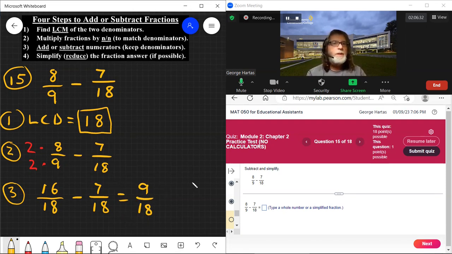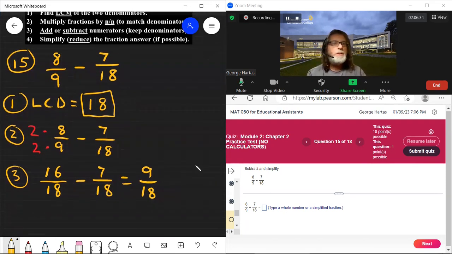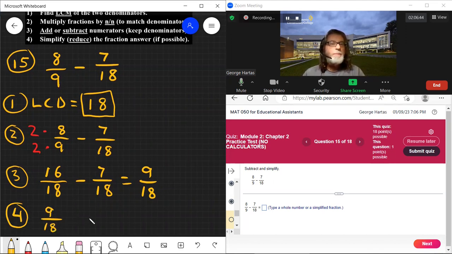And then finally, we look and see, can we reduce 9 over 18? What's the biggest number you can think of that divides into 9 and 18? Yeah, 3 will get you there. It's not the biggest, though. 9 is the biggest.